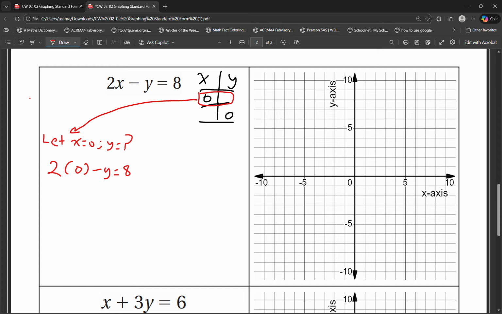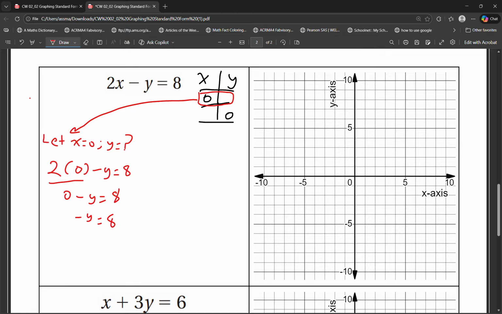So we go ahead and work it out. So this section here, 2 times 0 is just going to give us 0. So 0 minus y is equal to 8. And then 0 minus y gives you negative y equals 8.